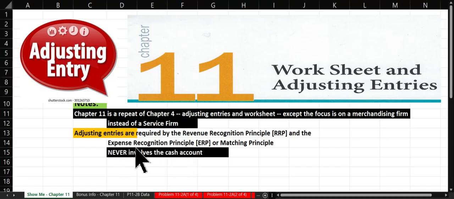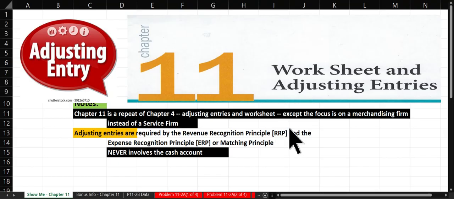Then the other principle is the expense recognition principle, usually, or previously, referred to as the matching principle. What does it mean? Well, in simple terms, the expenses that are recorded in a given period must be the expenses that were incurred in that period, regardless of whether payment was made.